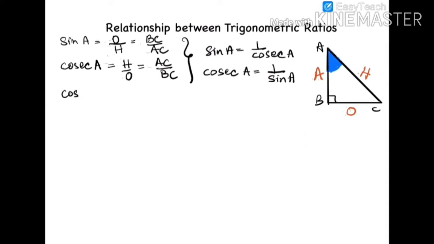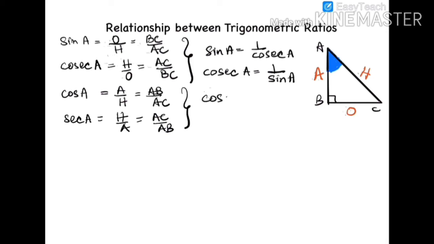Similarly, cos A is adjacent upon hypotenuse, which is equal to AB upon AC, and sec A is hypotenuse upon adjacent, which is equal to AC upon AB.